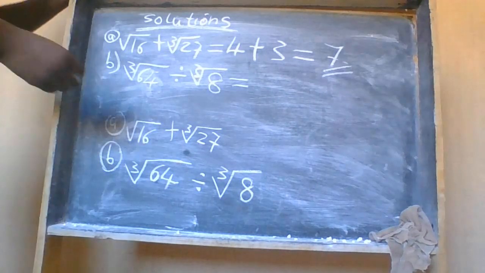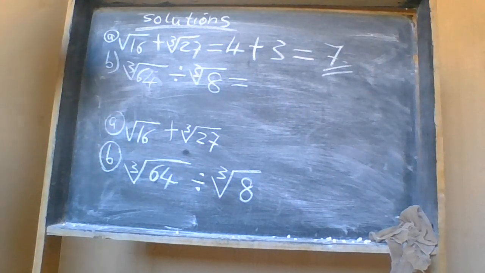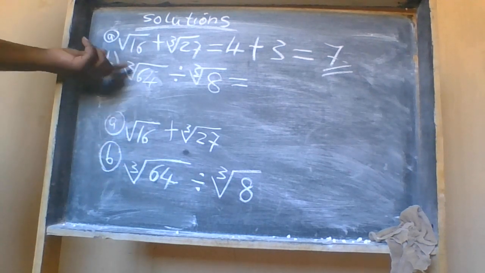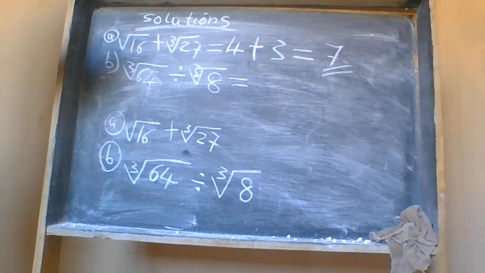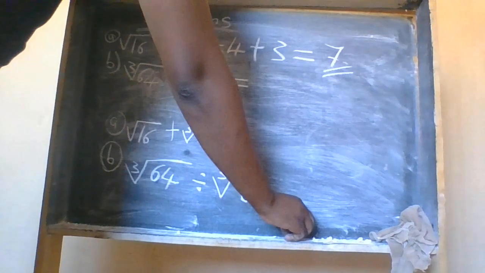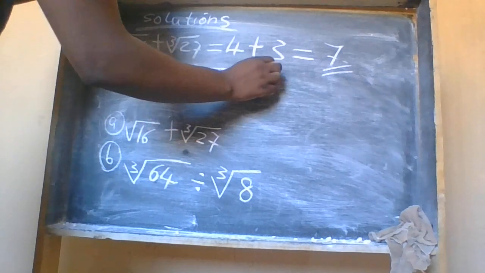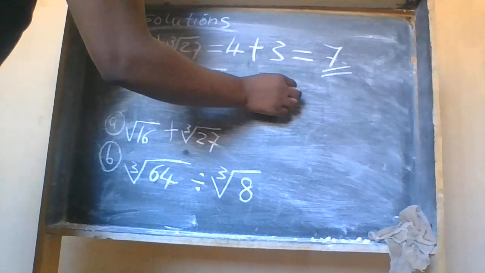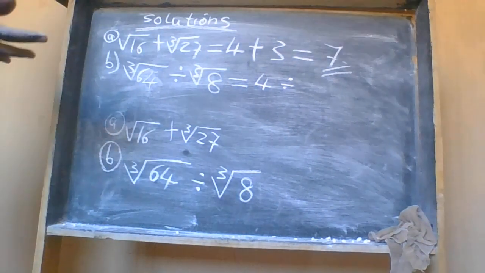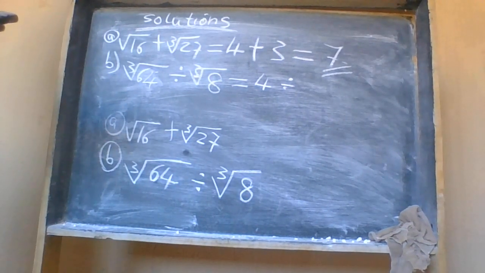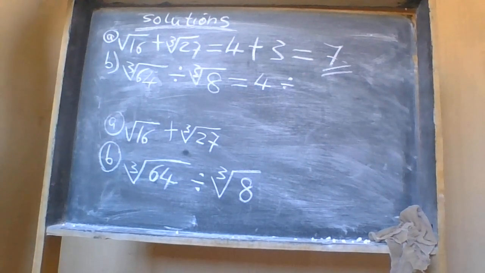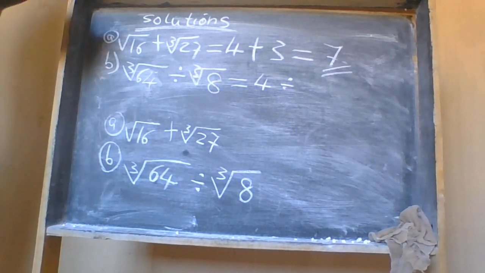This is equal to, when you follow those steps I earlier taught for finding the cube root of 64, you are going to end up finding that the cube root of 64, it is 4. The number that you can multiply 3 times to get 64, it is 4.